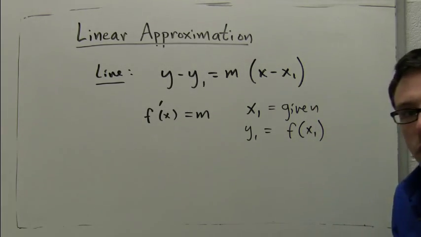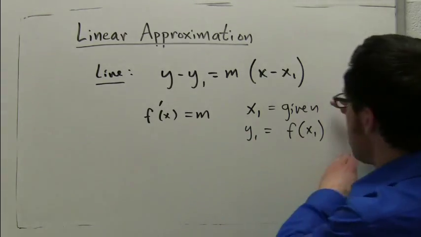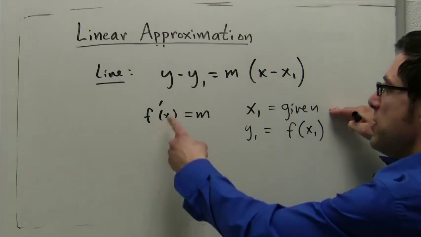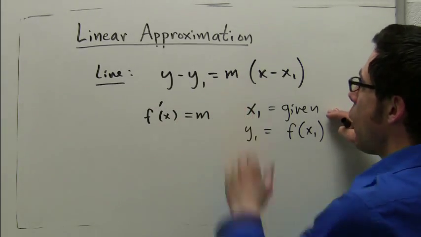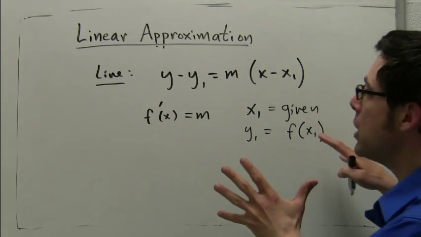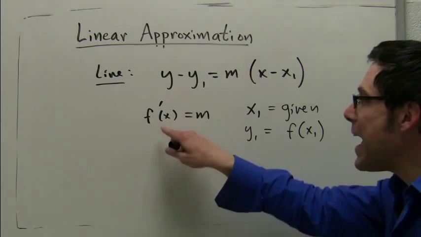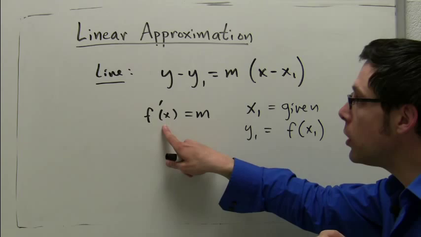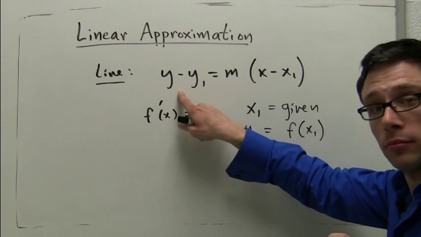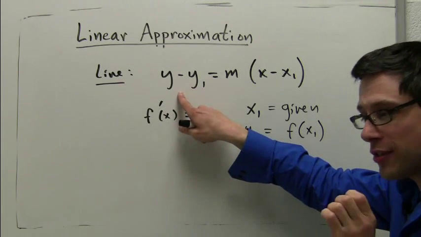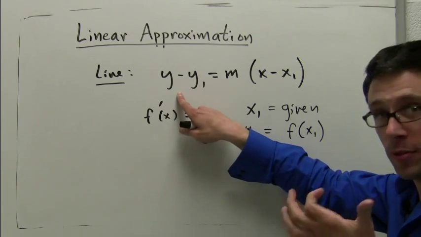That's how you write it down. So these are going to be my two points. This is going to be my slope, and I'm going to be able to approximate the actual function close by my given x value by a line, the line of the tangent at that point specifically.